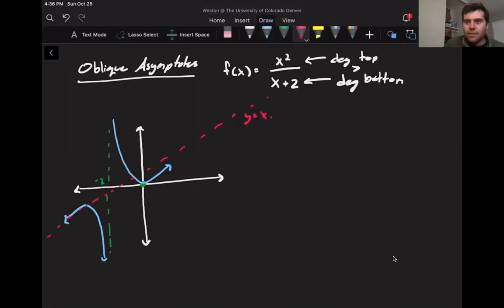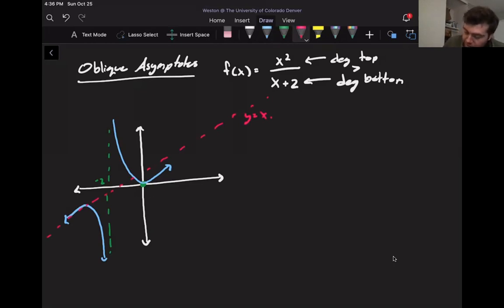The first thing is it's going to bring back our old friend polynomial division. We're going to try and rewrite this function. And so when we rewrite our function after polynomial division, we'll see that it doesn't follow just a horizontal line. It's going to follow a line that has a positive slope.